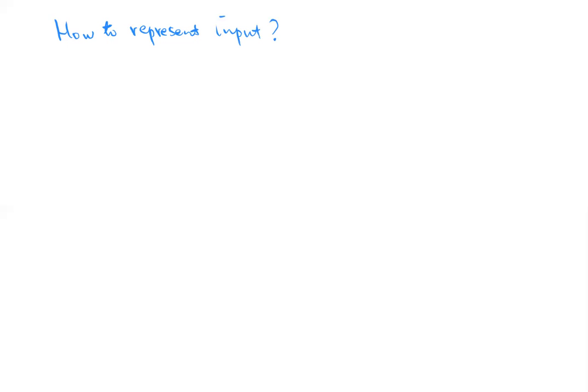For example, the number 10 can be represented by 10 using decimal, and as 1010 in binary, right? Or 101 in ternary. So there are different ways. So which one should we use in order to discuss the running time?